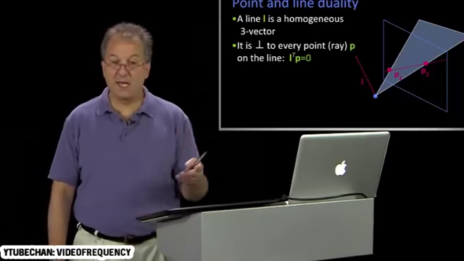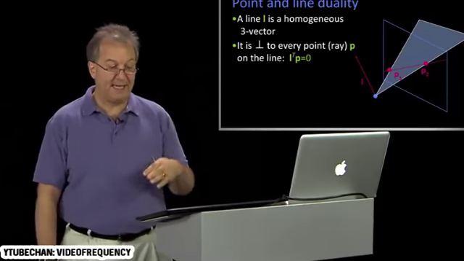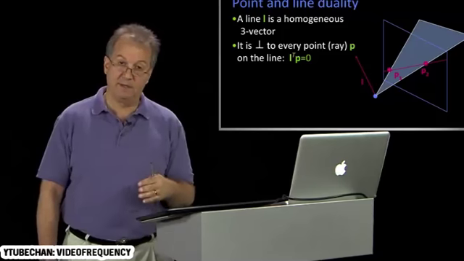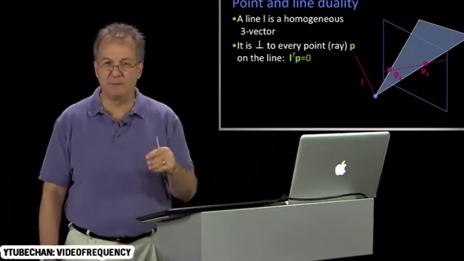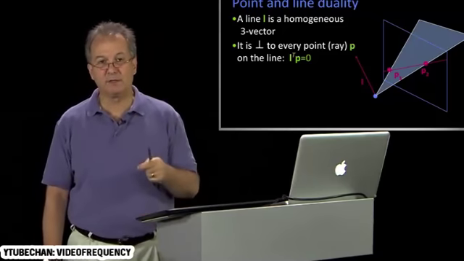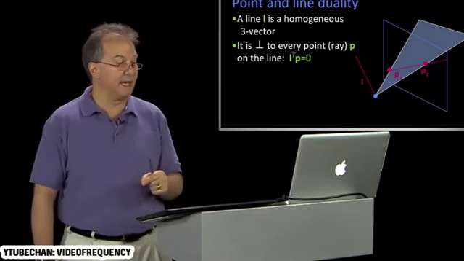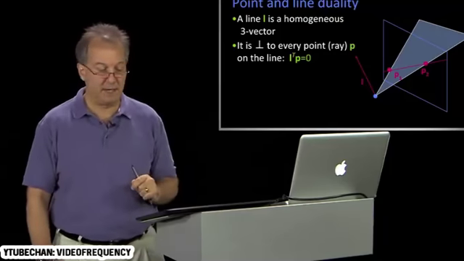And as we said, a line is a homogeneous 3-vector, which is defined by that normal to the plane, and it is perpendicular to every point P that's on that plane. And what does it mean to be perpendicular to a point? Well, in projective geometry, being perpendicular to a point means that you're actually perpendicular to the ray that defines that point. And that's what gives us some of that duality.